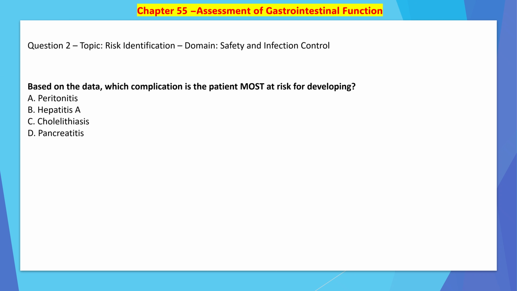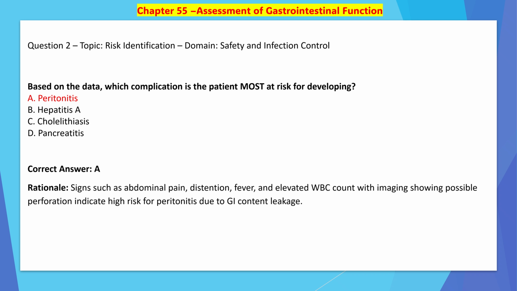Question 2. Domain: safety and infection control. Based on the data, which complication is the patient most at risk for developing? Peritonitis, hepatitis A, cholelithiasis, pancreatitis.